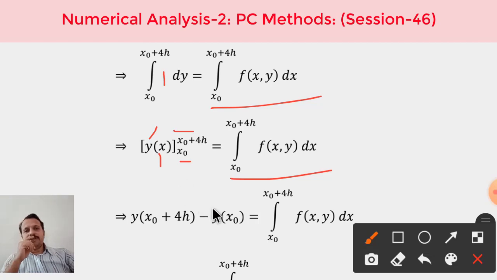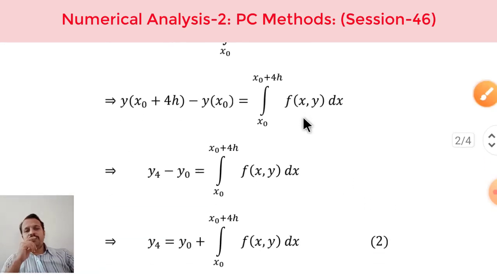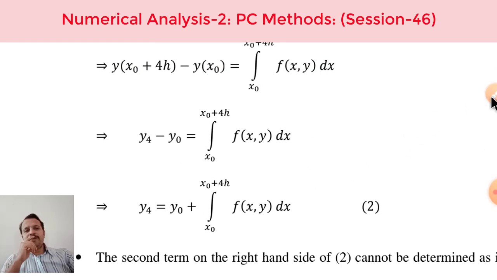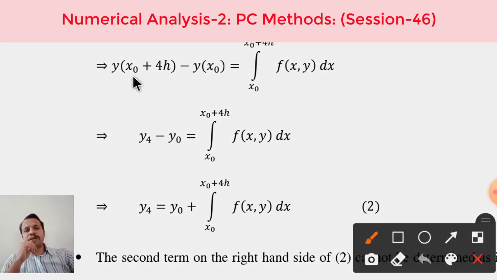Let us substitute the upper limit first, that is y at x0 plus 4h. In place of x we substitute the upper limit, and then the lower limit with the minus sign. Keep the right hand side as it is. Now we have to simplify. x0 plus 4h will be x4, so y at x4 will be y4. y at x0 will be y0. Other things as they are.